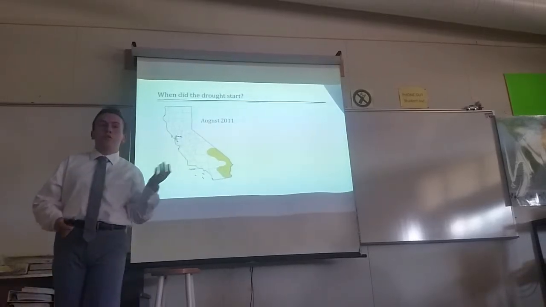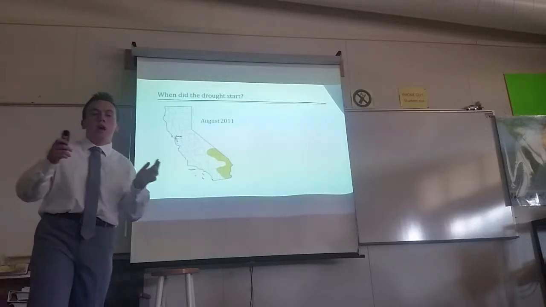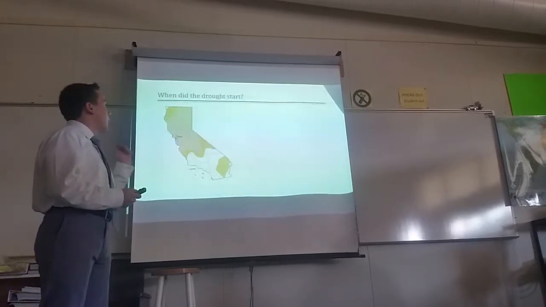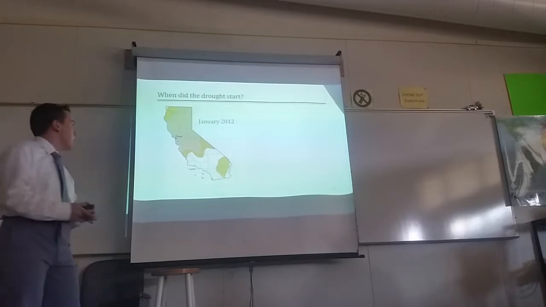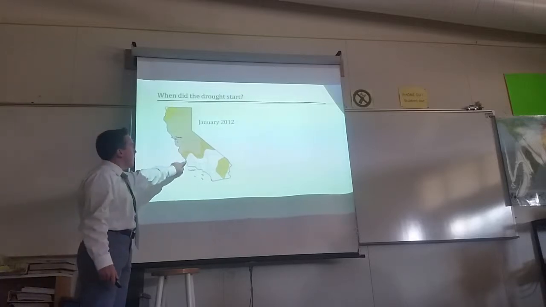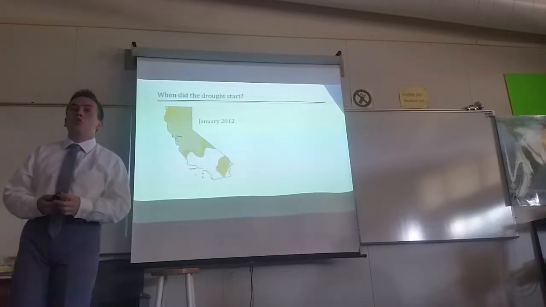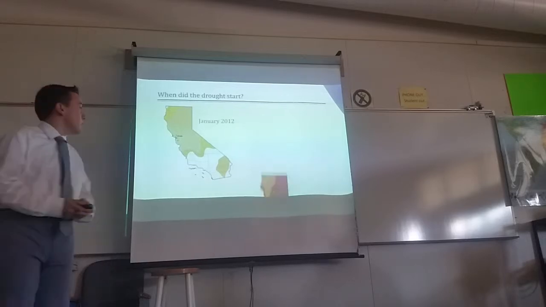That is normal for summer, but this one is between July and August. We can see that it started in California, but for the county, it's only in January 2012 that we can see on the county here that it started. So we can say that it started in 2012 for the county, even if it was an abnormal drought.